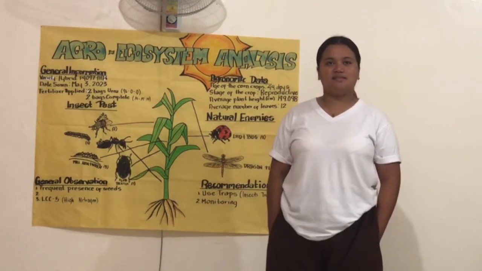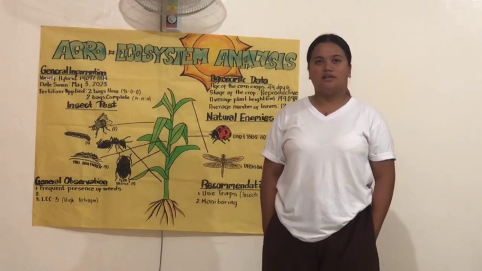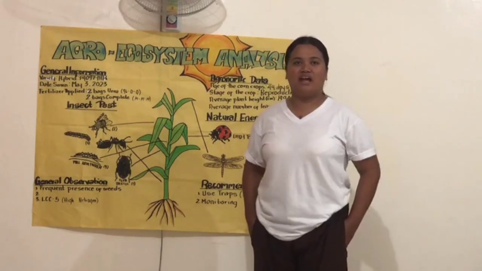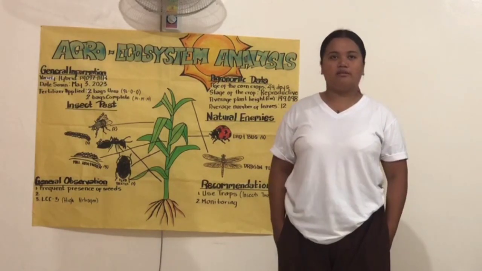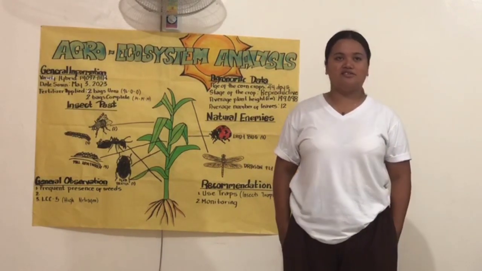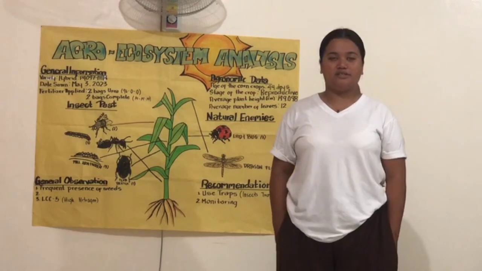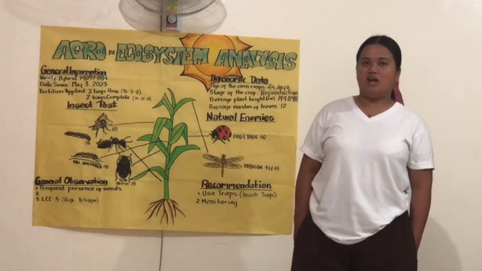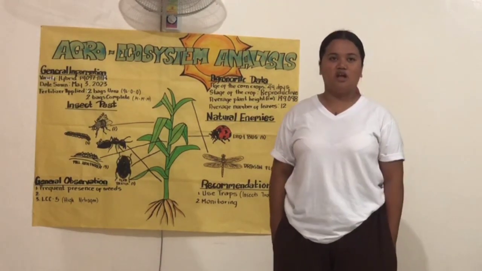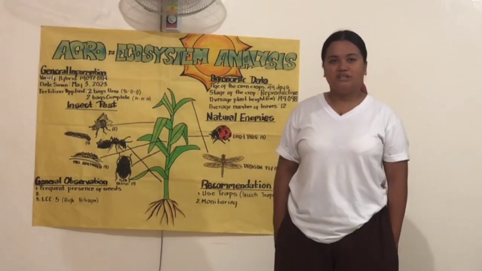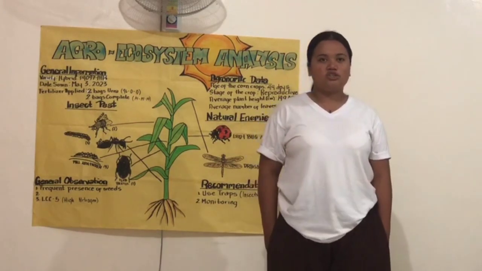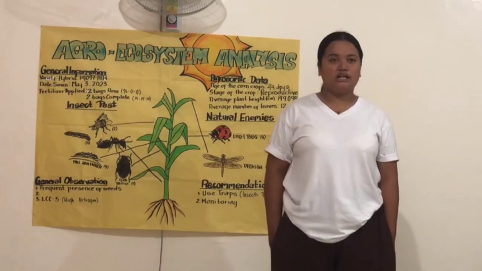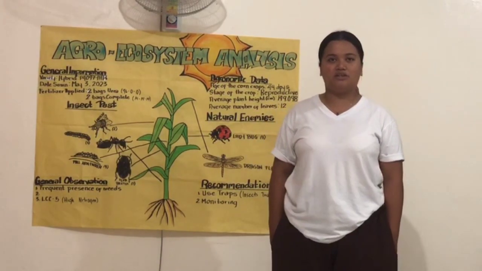The analysis takes into account the variety of plant and animal species present in the agricultural area and their roles in maintaining ecosystem balance and resilience. Human factors. Agro-ecosystem analysis also considers the human dimension of agriculture, including the farmers' practices, management techniques, socio-economic context, and cultural factors influencing agricultural decisions.